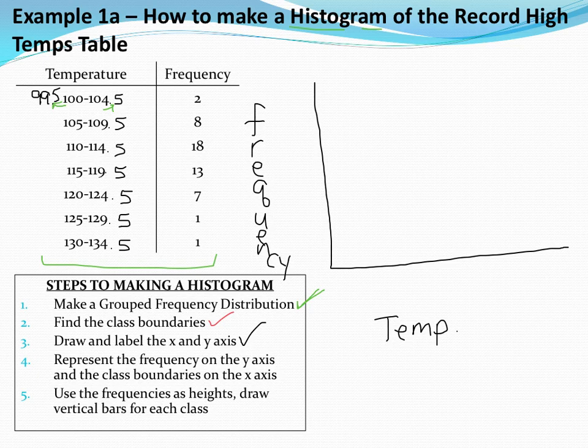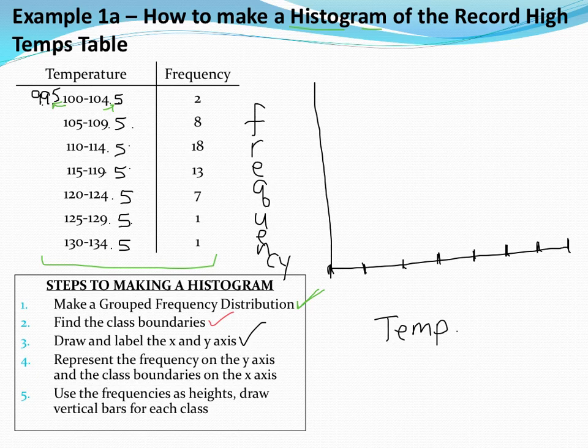I'm going to have 1, 2, 3, 4, 5, 6, 7, 8 little tick marks. Make it nice and even. That was pretty good if I do say so myself.